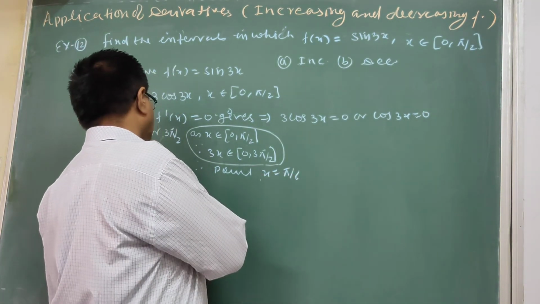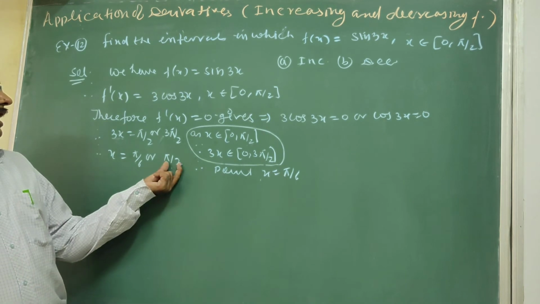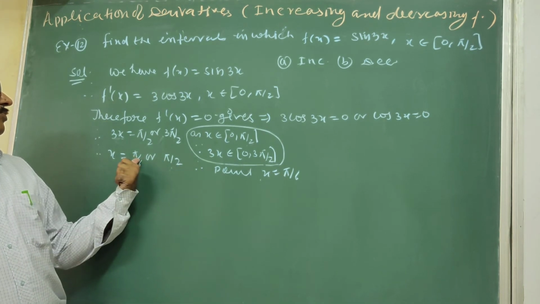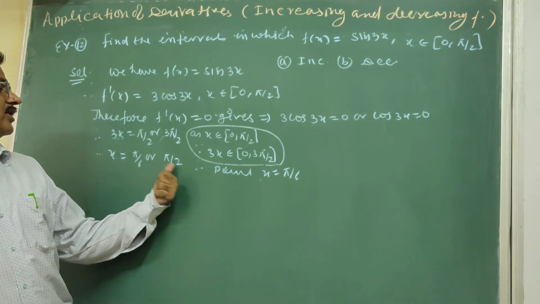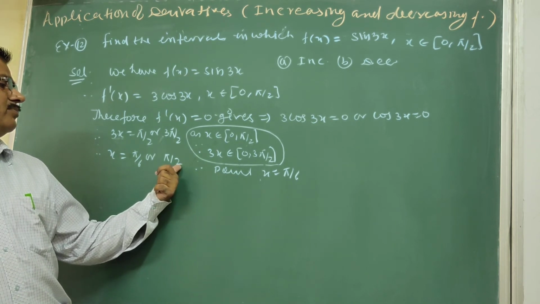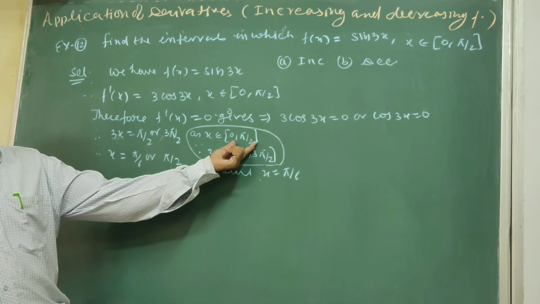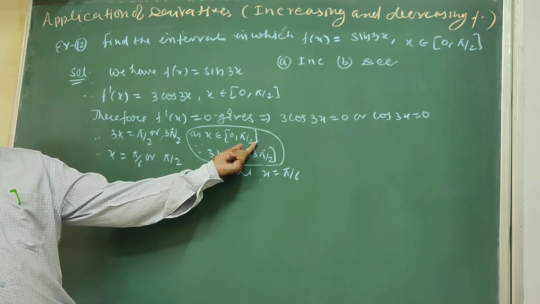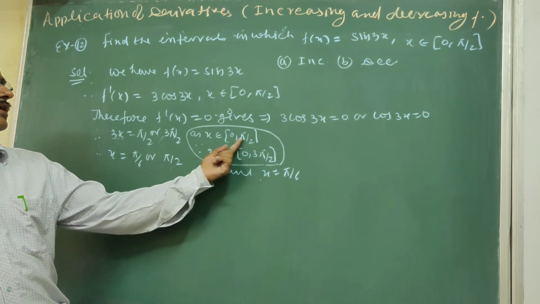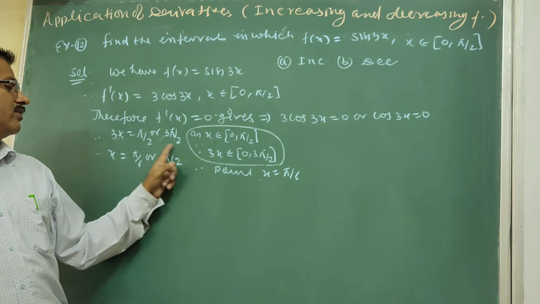Pi by 2 greater interval is not given. If you divide, all points less than pi by 6 or greater than pi by 2, but there is no point which is greater than pi by 2. Why? Because our interval's ending point is pi by 2. The interval you are given is 0 to pi by 2, not beyond pi by 2. That's why we are not taking this.